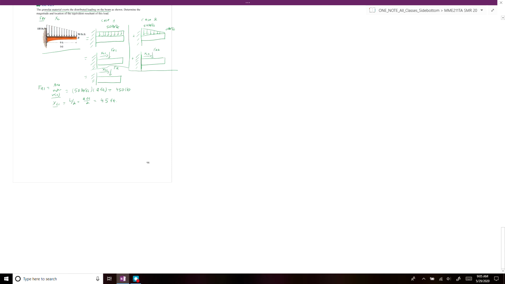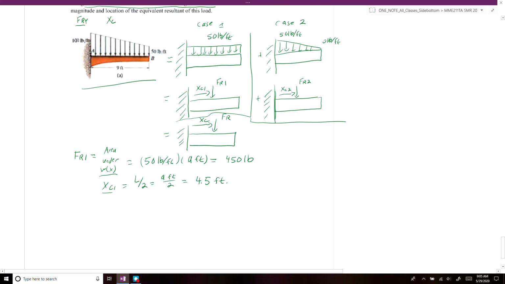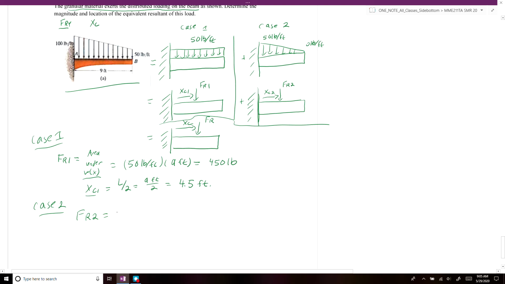Okay, so we can do the same thing for our case 2. We would say FR2 would be equal to the area under the curve. In this case, the area under the curve would be equal to 1/2 times 50 pounds per foot times 9 feet.